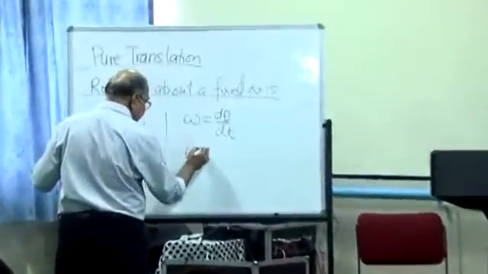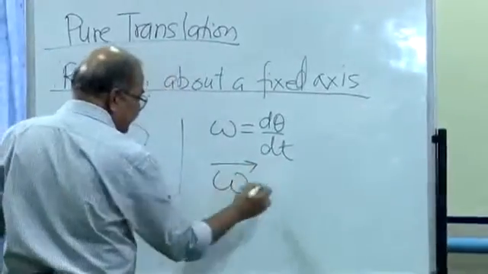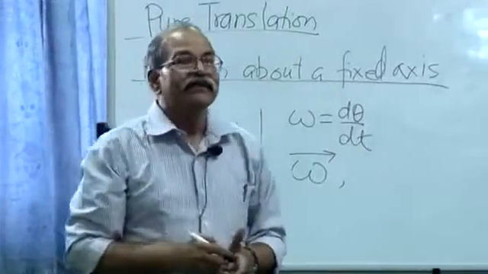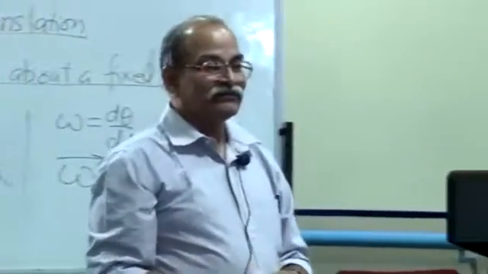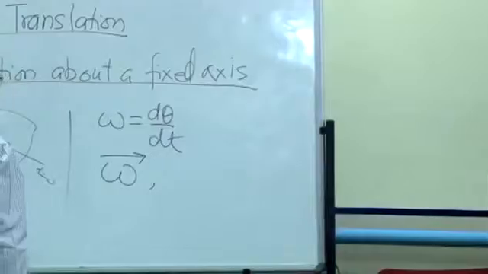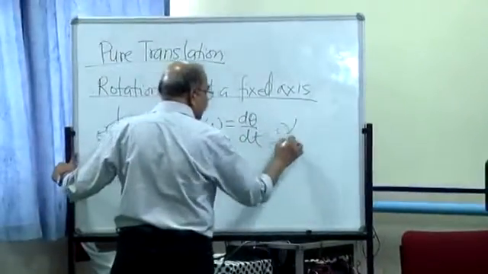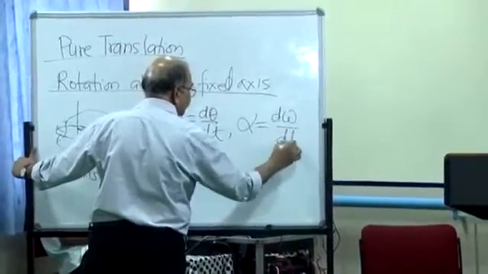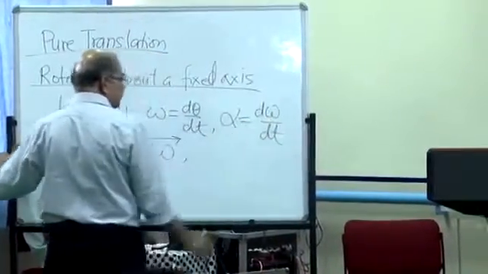So that is how we define the angular velocity vector, omega. The magnitude is given by d theta by dt, and the direction I have already told you how to determine. Then you define alpha equal to d omega by dt. You can put a vector sign also.